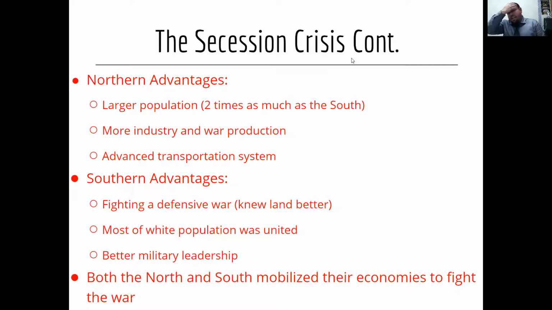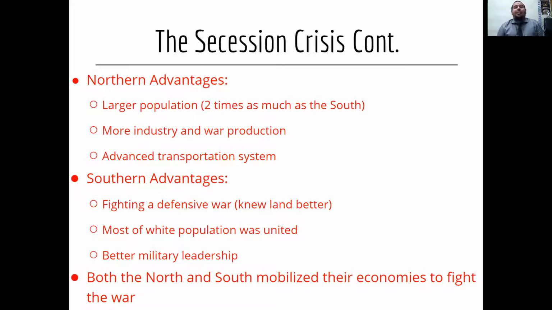So the Northern advantages, you might be asked this type of question. What were the advantages between the North and the South? Okay, obviously the North had a larger population, almost twice as much as the South. There was more industry and war production.